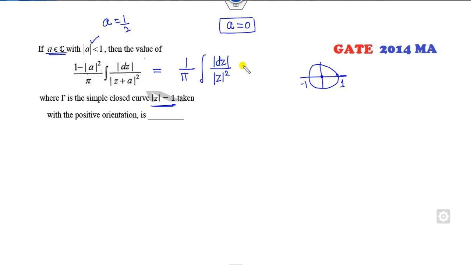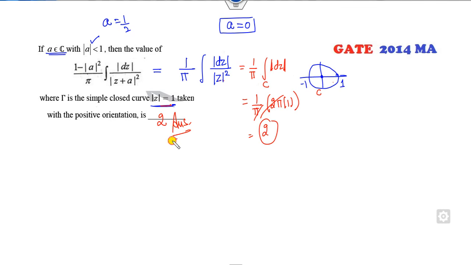So what is the integration of this denominator part? This part is 1, because mod of z is 1, squared is 1, over this circle C. So this is the length. What is the length of this circle? It's 2 pi r, and r is 1. So 2 pi, pi and pi will be cancelled out. 2 is the right answer of this problem.